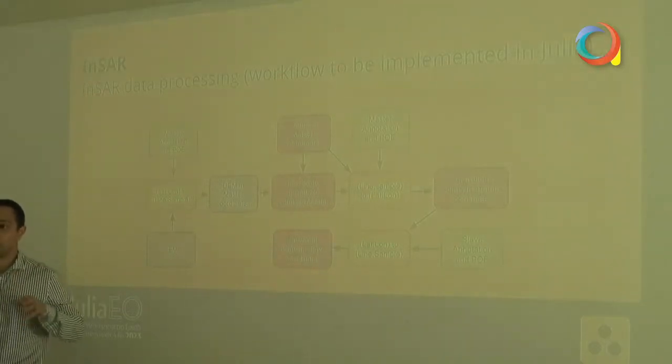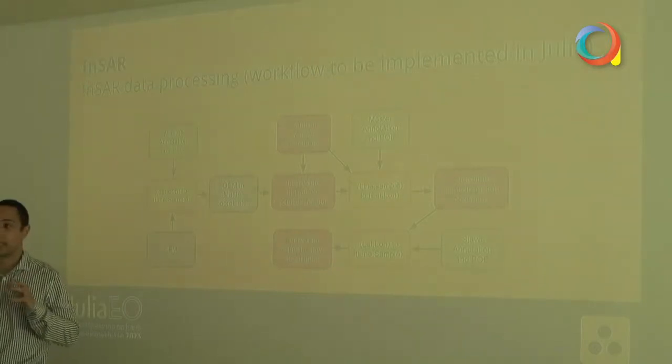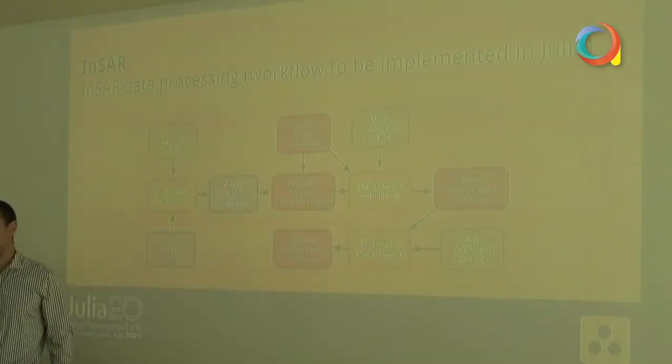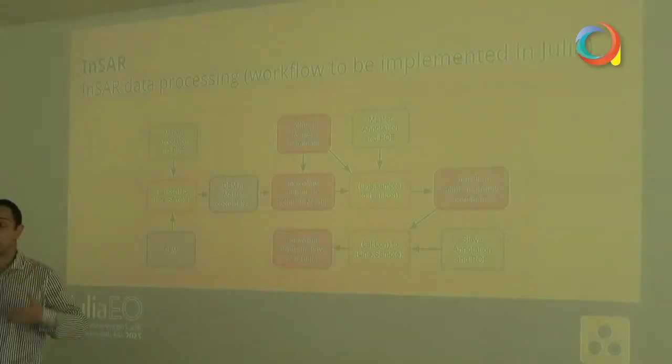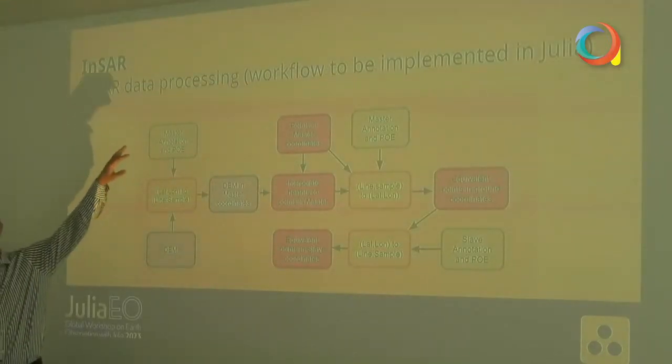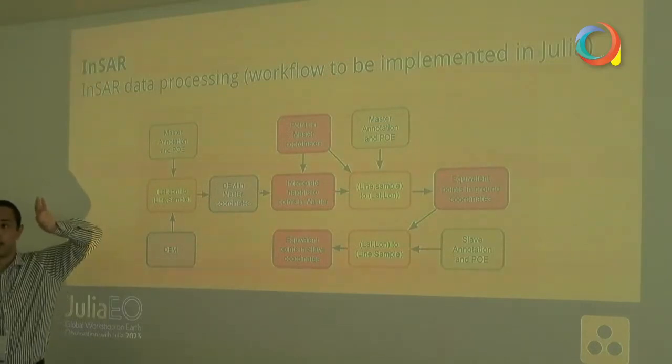But the idea is that you have one image acquired over the area, and then a second image also acquired, and you have to resample the second image to the first image so the pixels align pretty much perfectly, because any misalignment between the pixels will cause an artificial signal.